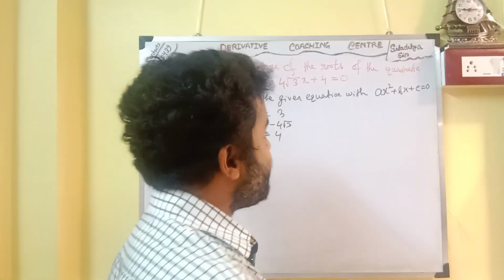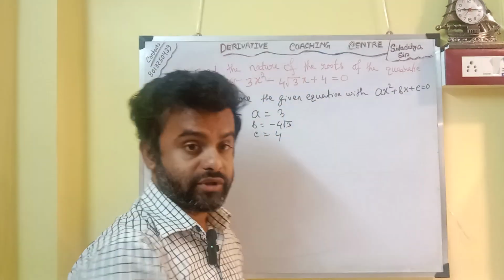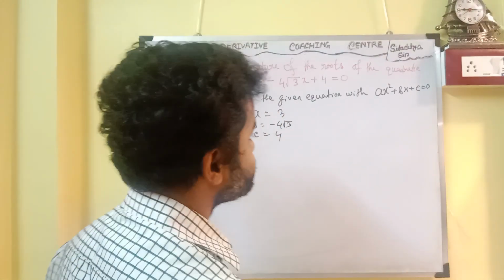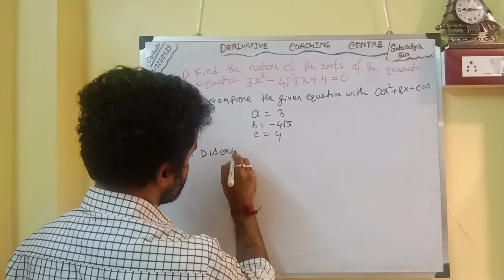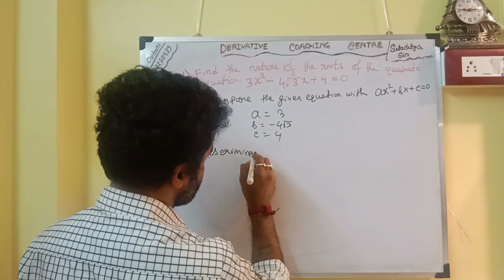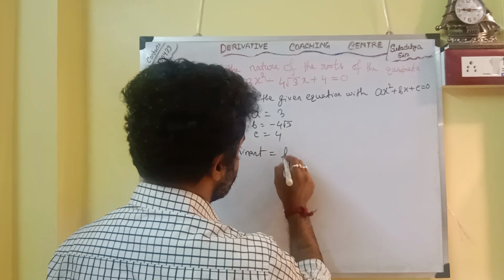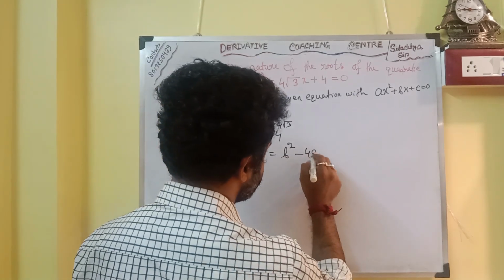Now you have to find the discriminant of this equation. So what is the discriminant? Discriminant equal to b squared minus 4ac.